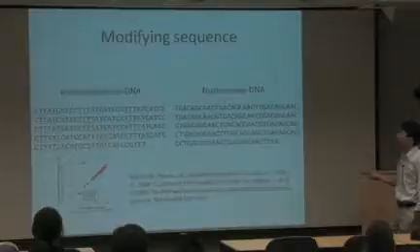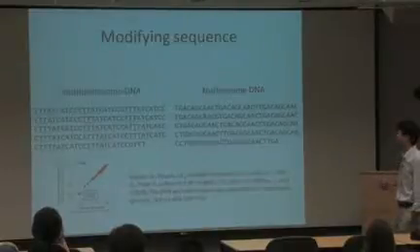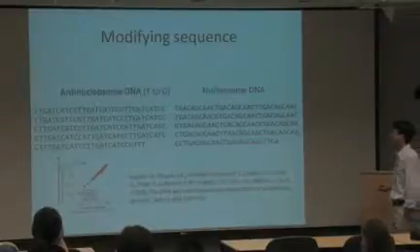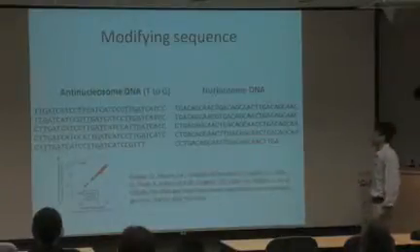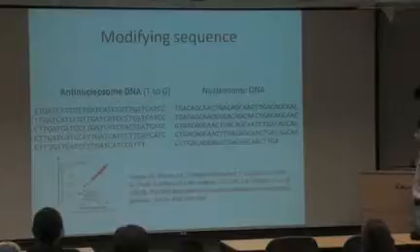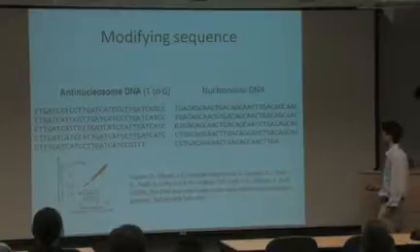So we thought that maybe these AT stretches are very important. So what we did is we switched the middle base of these AT stretches from T to G. Okay, so we don't have those AT stretches anymore. And we did the same kinetics measurement.